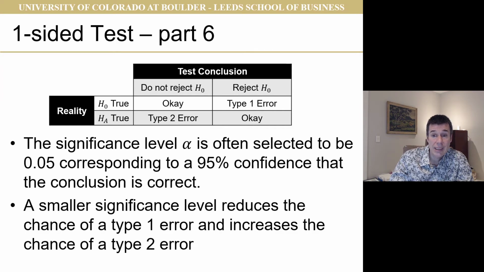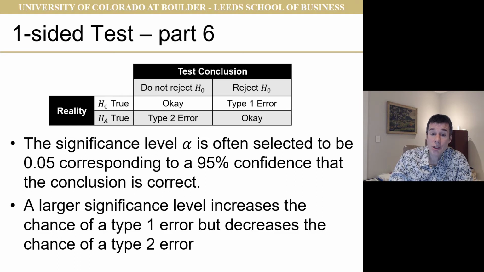Type 1 error is where the reality is the null hypothesis is true and we reject it. Type 2 error is where the reality is the alternative hypothesis is true and we don't reject the null hypothesis. So again, a smaller significance level reduces the chance of a type 1 error and increases the chance of a type 2 error. A larger significance level increases the chance of a type 1 error but decreases the chance of a type 2 error.